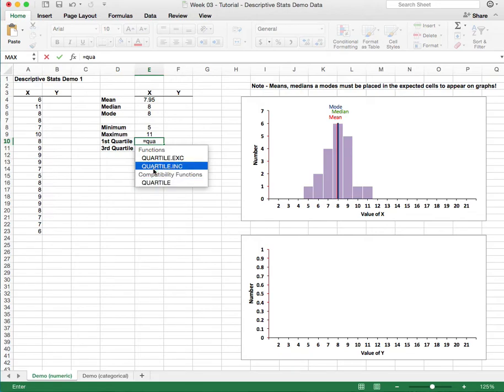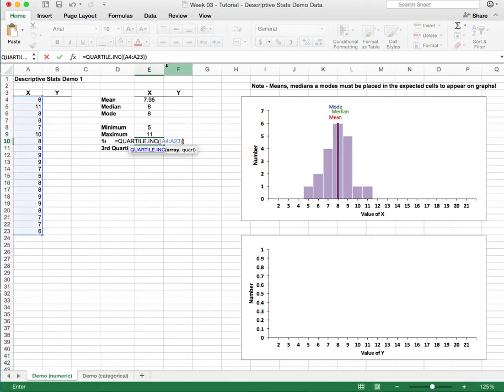Unless you have some really good reason for using exclusive, which you can read more about in the help file if you're really interested in the difference between these, all we're really going to calculate are the inclusive quartiles. So let's hit that. Then if we paste our range in there, you see it pasted it in parentheses.